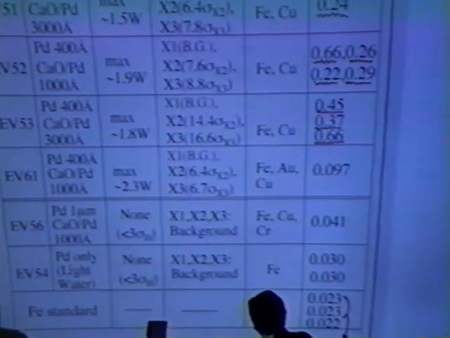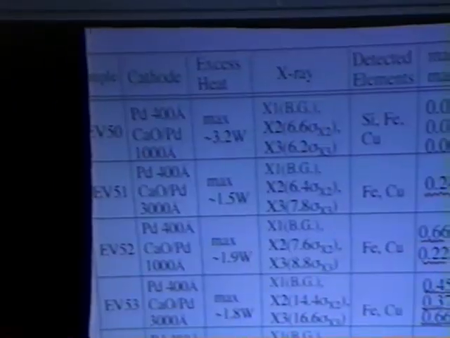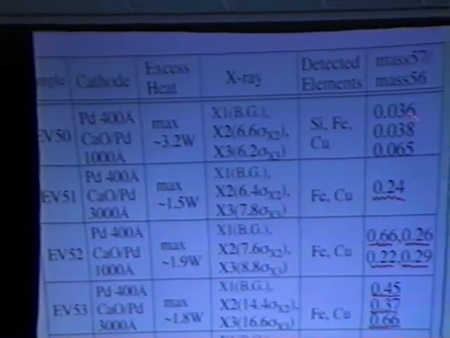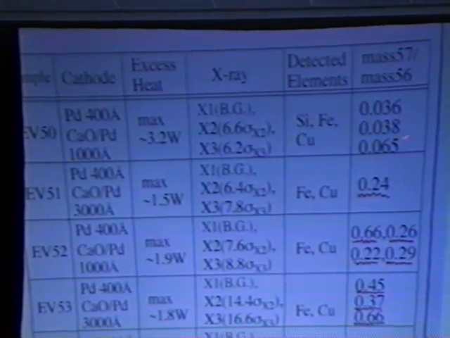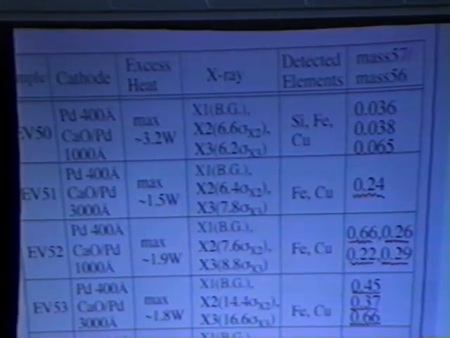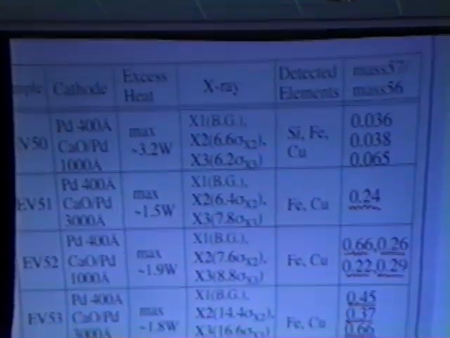It is noticeable that the mass 57 by mass 56 values are larger than the standard material. And these values vary, ranging from 0.036 to 0.66.